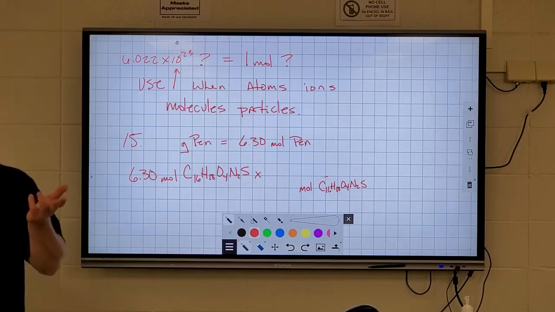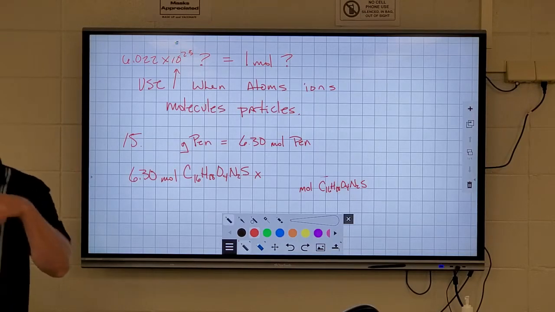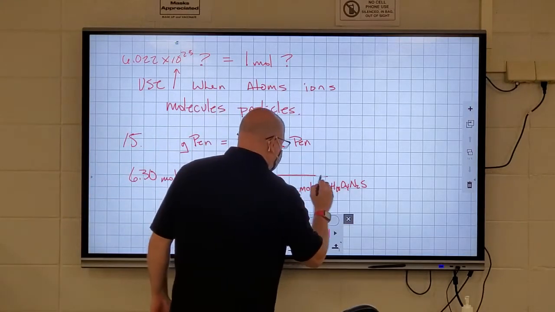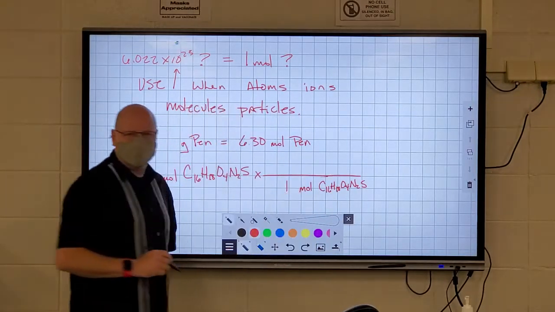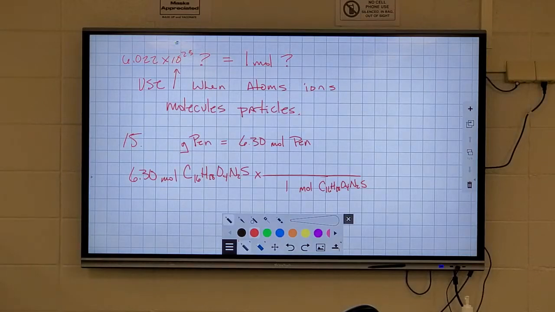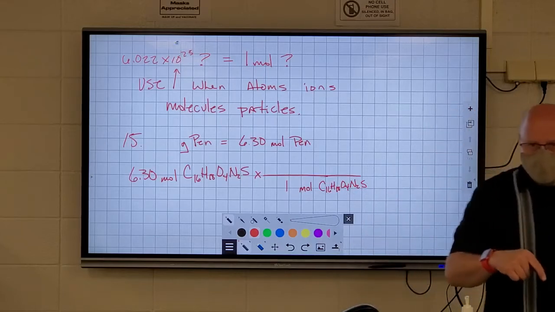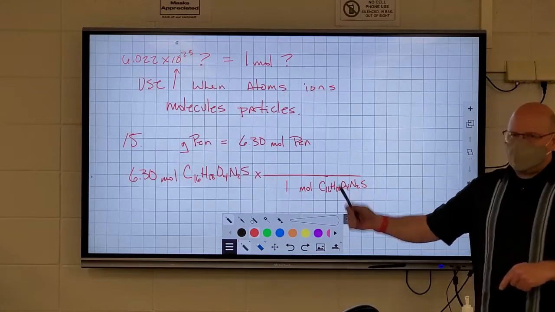Other than that, I can tell you right now, if you're using moles in a conversion, it's going to be a 1. Right now. Okay? That's going to change later this semester. But since we're only doing gram mole conversions right now, that's going to be 1 mole.